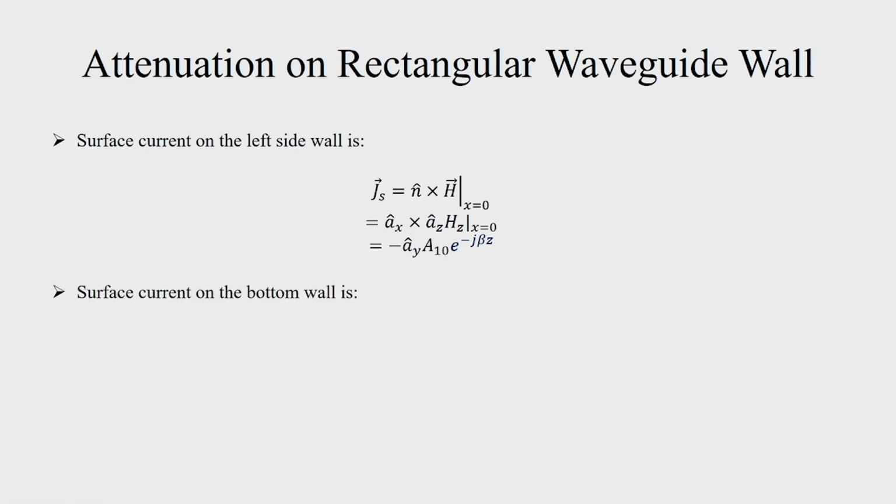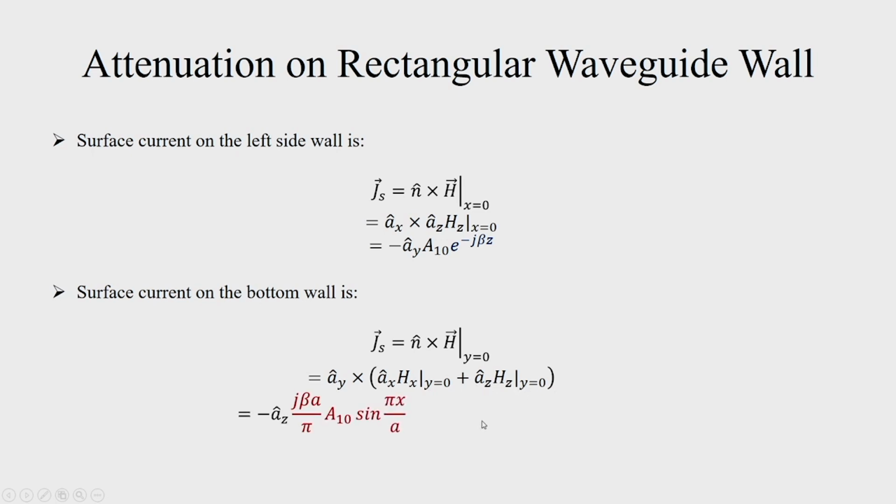Similarly, the surface current on the bottom wall is contributed by both Hx and Hz components, and for the bottom wall the unit normal vector is Ay, and therefore, we evaluate this expression, Ay cross (Ax Hx at y equal to 0 plus Az Hz at y equal to 0), and substitute the expressions for Hx and Hz, then we get this as the surface current on the bottom wall.